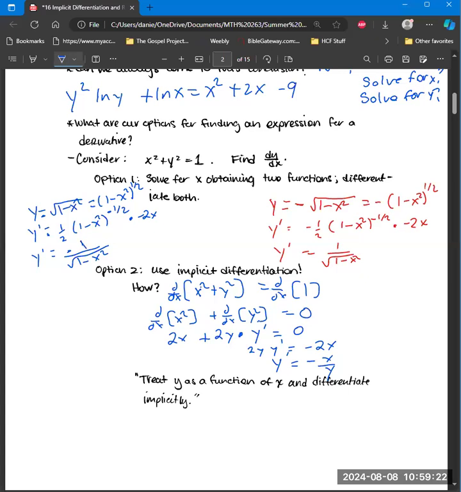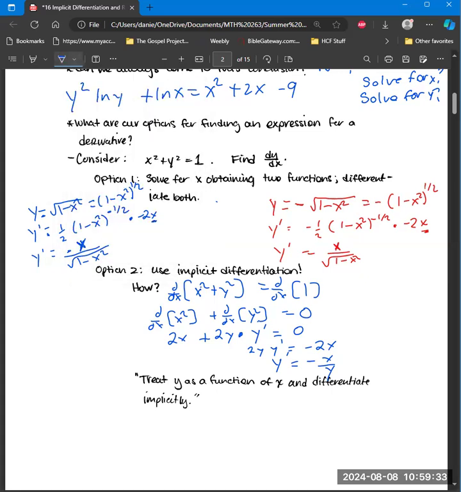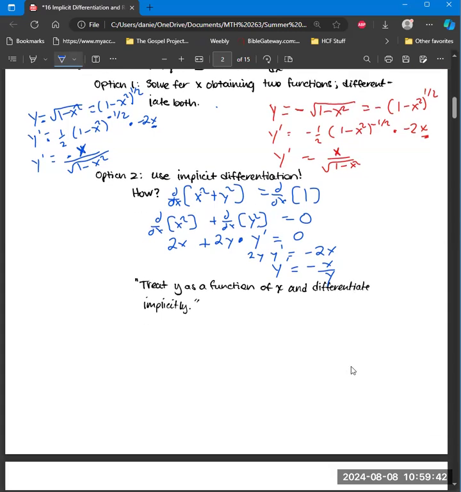So that is an x there, and that is an x there. The x's come from here and here. All right. So we would get negative x over y here. We would get negative x over y here. It's the same thing. So treat y as a function of x and differentiate implicitly would be what we would be told to do.